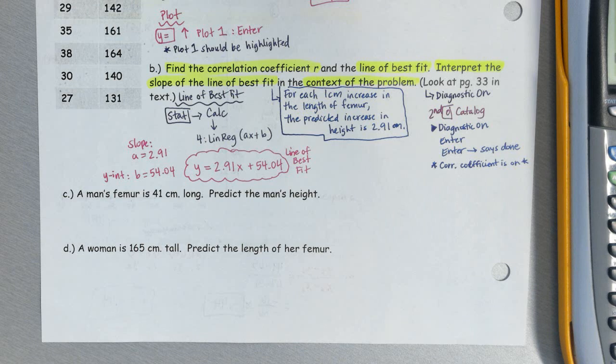I got that from the rise over the run. The 2.91 is the y, that's your height. The 1 is your x, because it's 2.91x over 1.